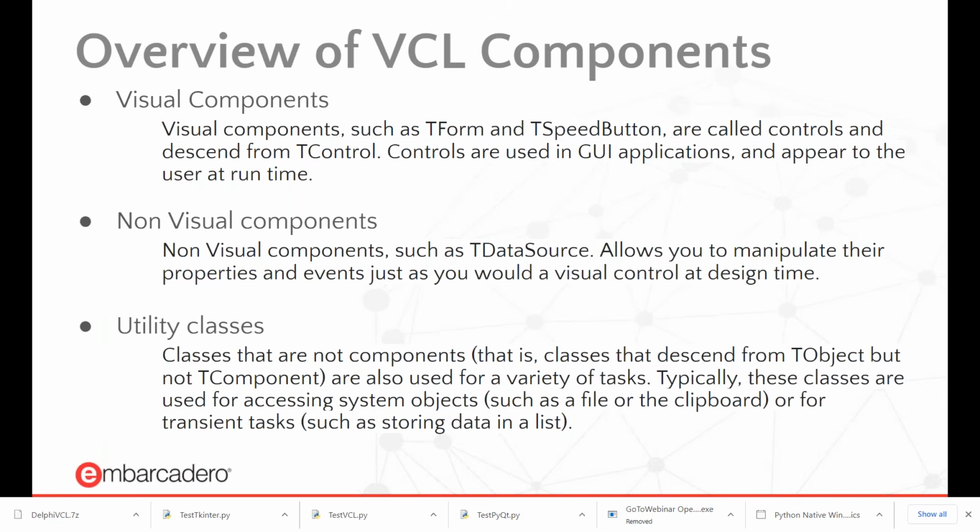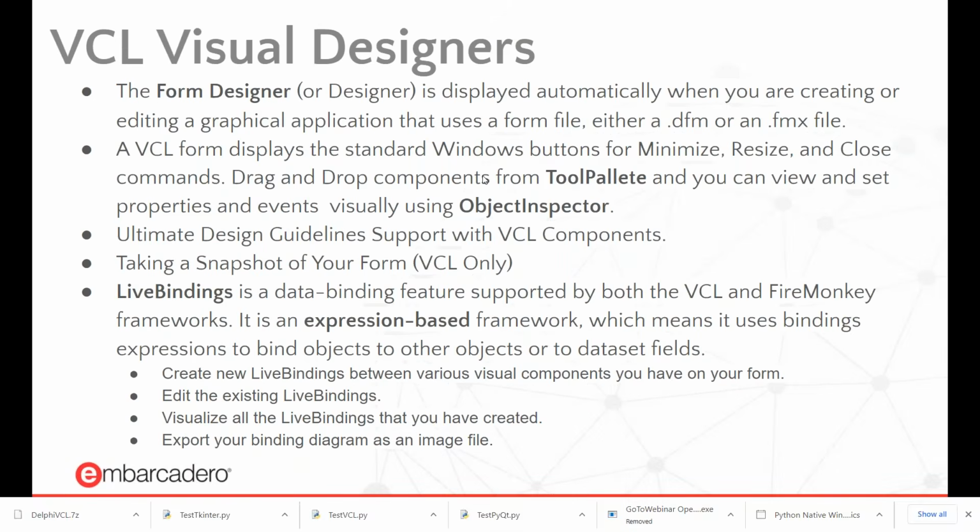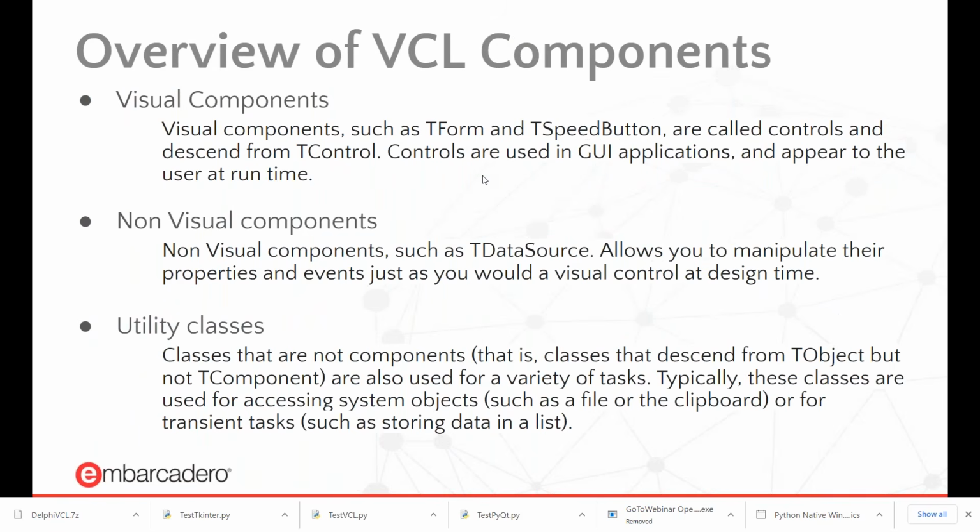So let me give some overview of these VCL components. There are some visual components, some non-visual components, and some utility classes which support doing some tasks. As an example of visual components, here I mentioned TForm and speed button, which are all derived from TControl. This TControl is in GUI applications.